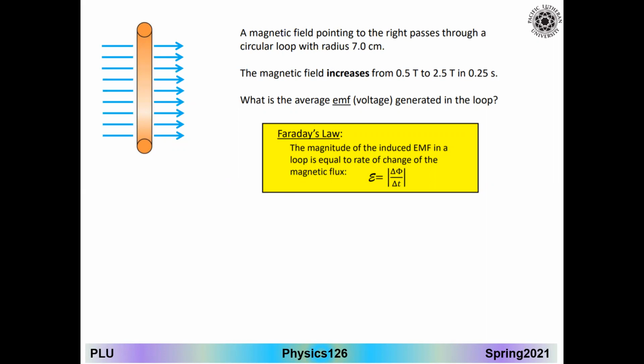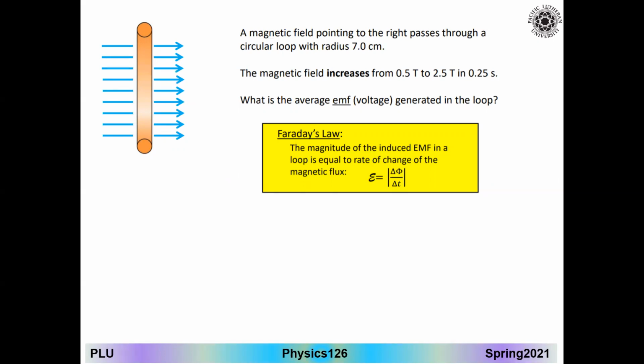In Lenz's law, we don't talk about any magnitude, only the directions. Here is Faraday's law, which is the last piece to finish the formulas for the electricity in the circuit. We talk about the amplitude of the induced EMF.